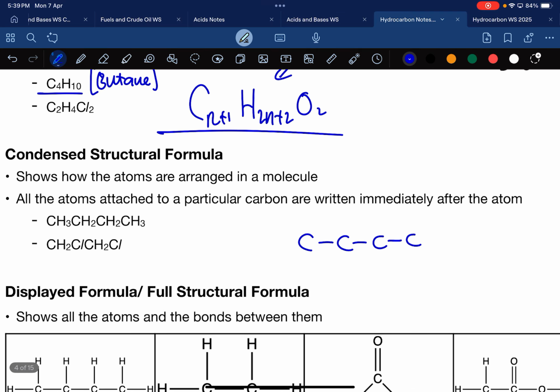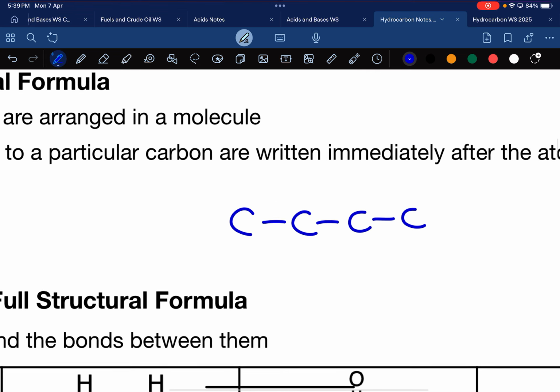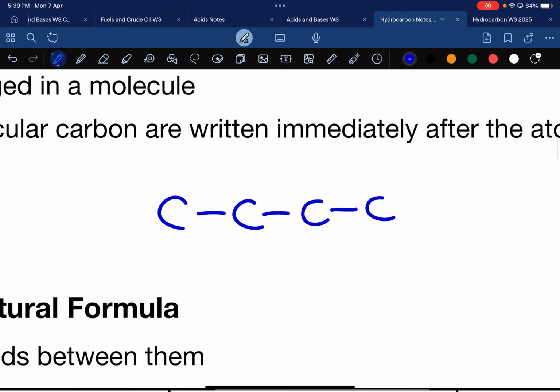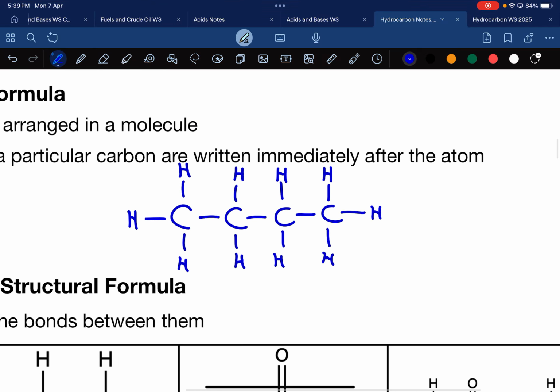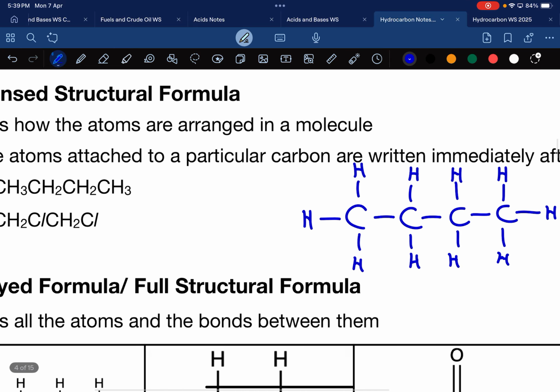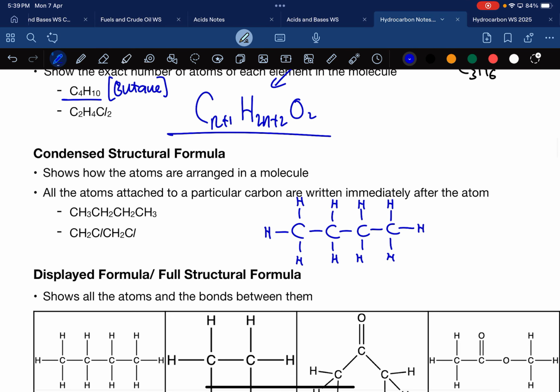I said just now alkanes all got single bond, right or not? 4 carbons, and then what we are going to do is we are going to dot hydrogens all around. Because of the presence of all of these, I have single bonds only. Your alkanes are just C4H10, 4 carbons all the way, hydrogens dotted all around.